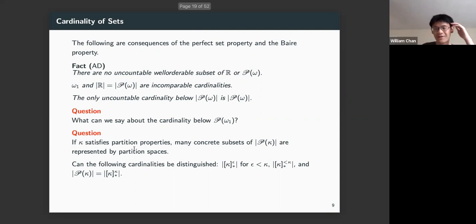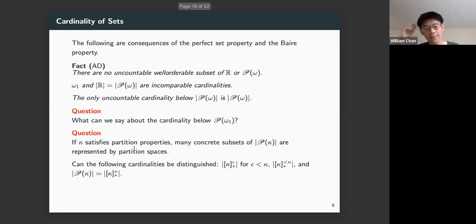There are actually a lot of cardinals below here. We're far from understanding the cardinality structure below the power set of omega_1, but at least we can look at some of the important subsets that appear. So, omega_1 is a strong partition cardinal, and we can ask this question more generally for kappa which satisfies partition properties.